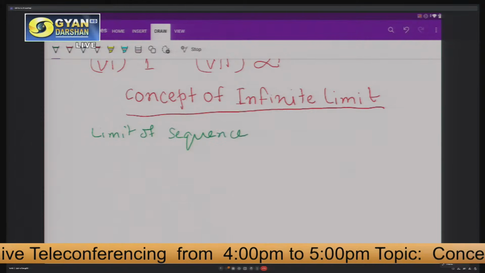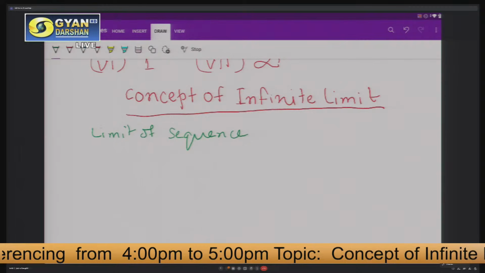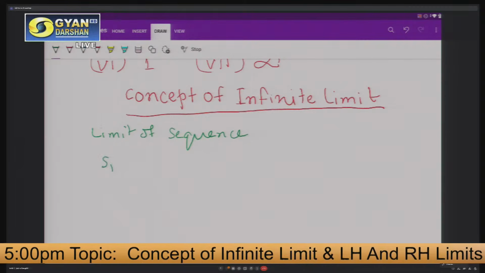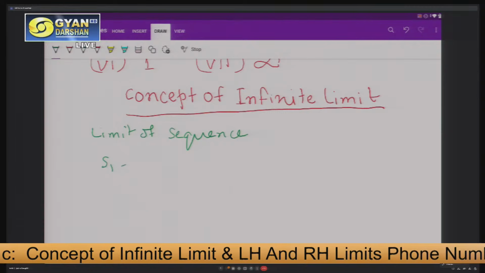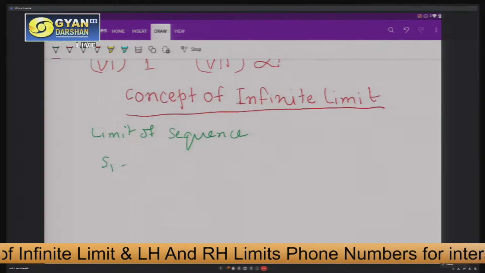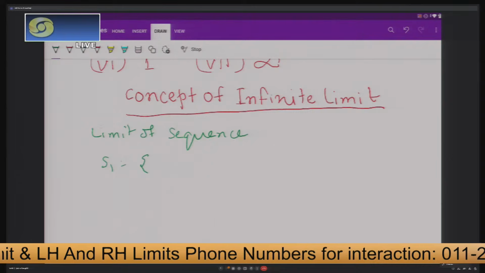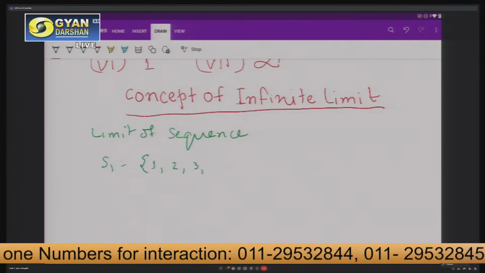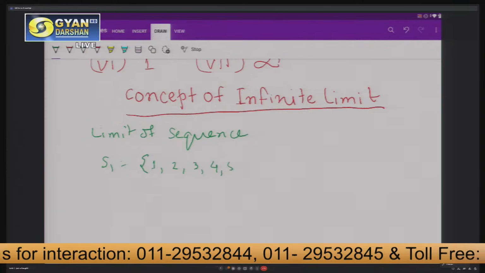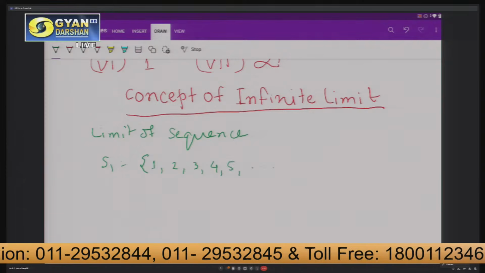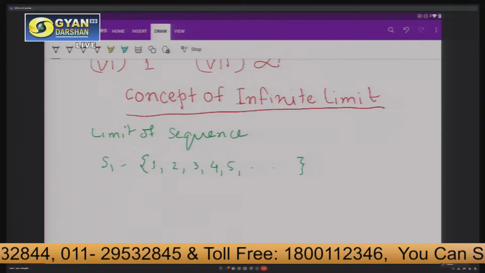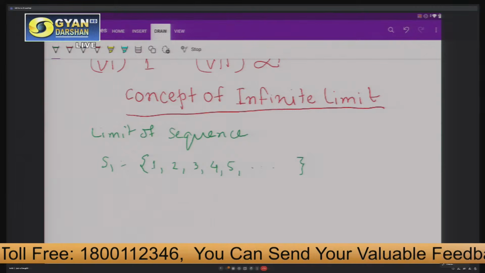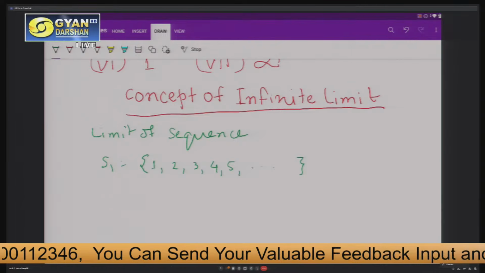You know what a sequence is; we have learnt it earlier. Suppose this is a sequence: 1, 2, 3, 4, 5. Where is this sequence leading? This is leading to, I think, infinity.